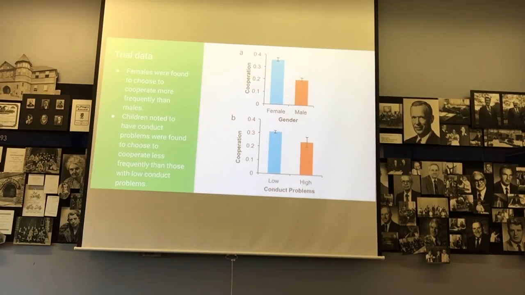They found that kids with conduct problems cooperated less often than those with low conduct problems. And they also found that females cooperated around twice more often than males, which was another interesting thing.